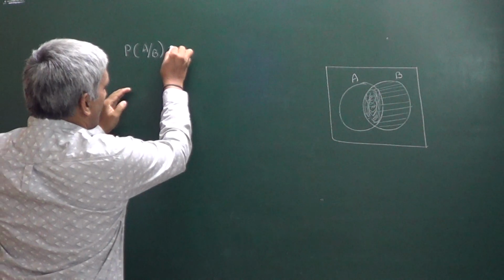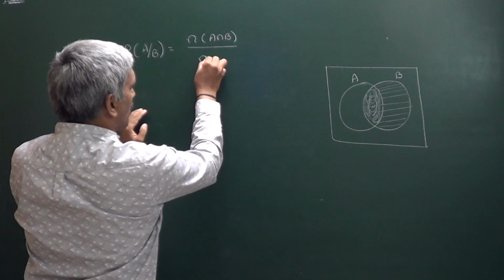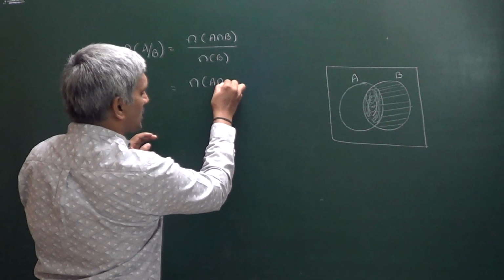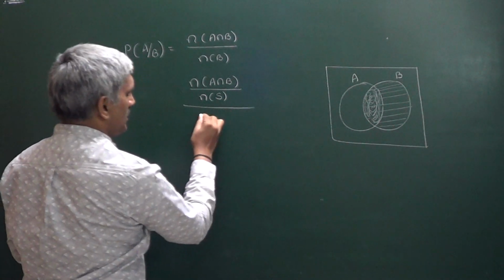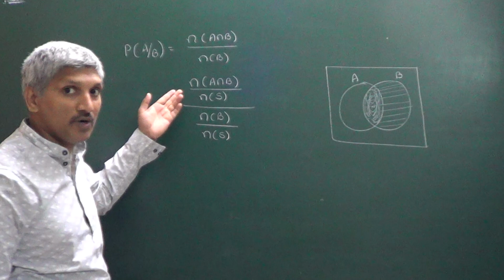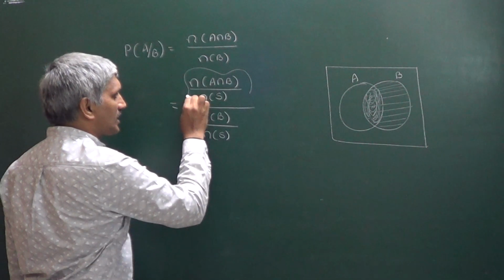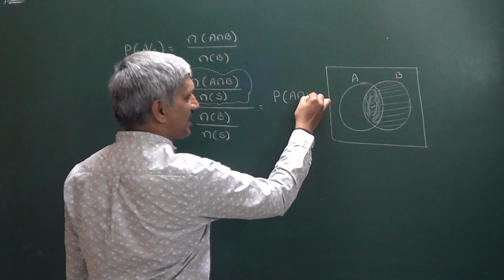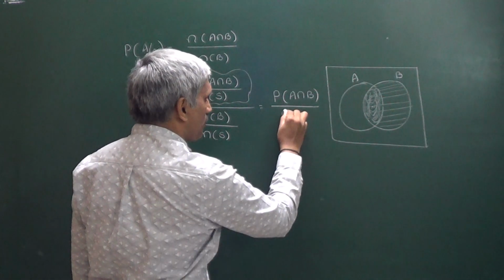So we can write this as number of elements in A intersection B divided by number of elements in B. The same we can write as number of elements in A intersection B divided by number of elements in the sample space S, over number of elements in B divided by number of elements in S. Numerator and denominator are both divided by n of S. Now, number of elements in A intersection B divided by number of elements in S is nothing but probability of A intersection B. Next, number of elements in B divided by number of elements in S is equal to probability of B.